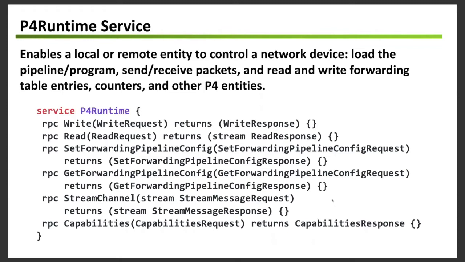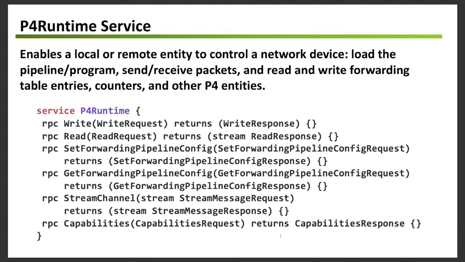We actually have only 6 different RPCs, which in my opinion makes the API easier to use and easier to understand and learn. You have a write RPC to write something, for example, insert a new table entry to a P4 table. Then a read RPC to read contents from the P4 database. That can be table entries, counter values, some external configuration, and so on.